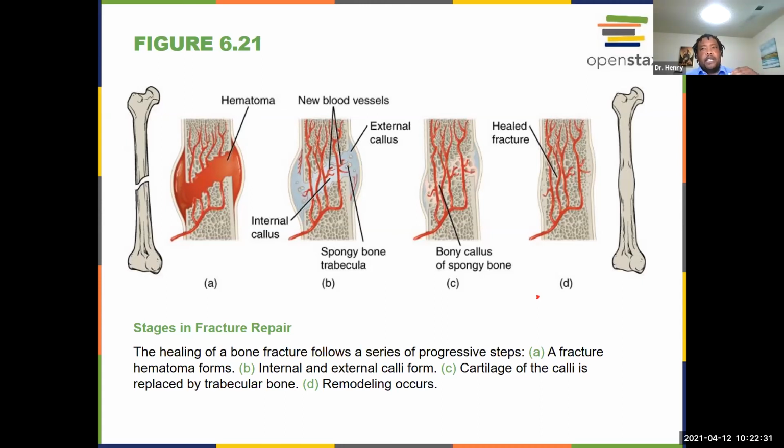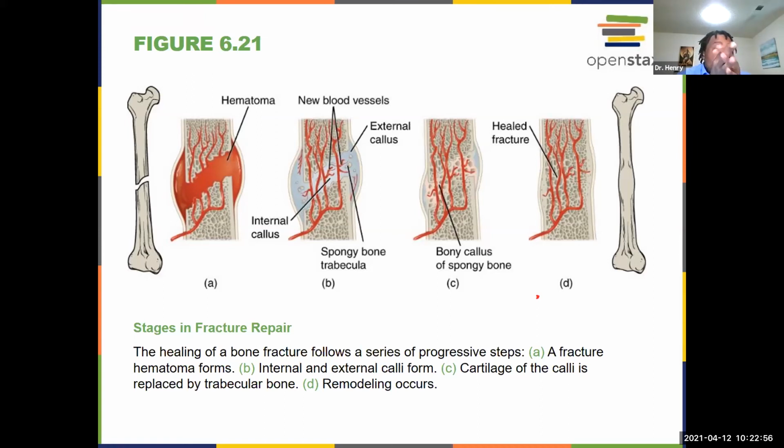You're going to break some of the blood vessels, but the primary ones are not disrupted, and so you're not going to get that full hematoma sensation. It's more like a small fracture rather than a large fracture. So it's going to depend on the trauma the bone has had.